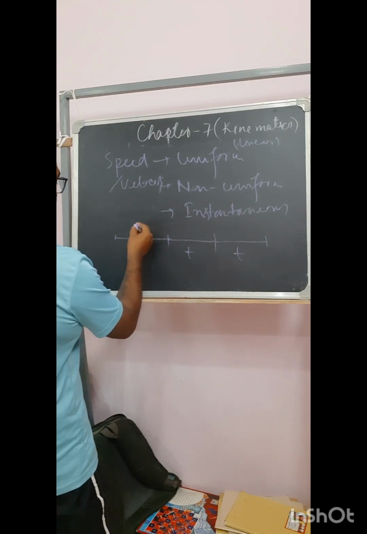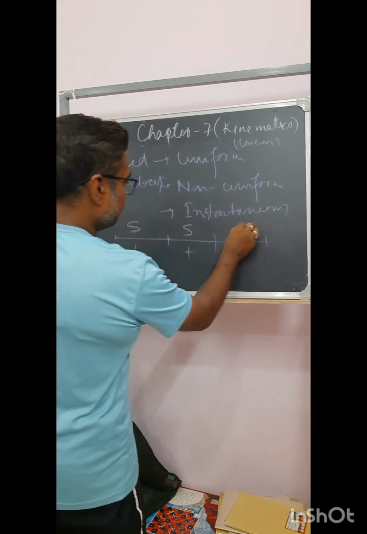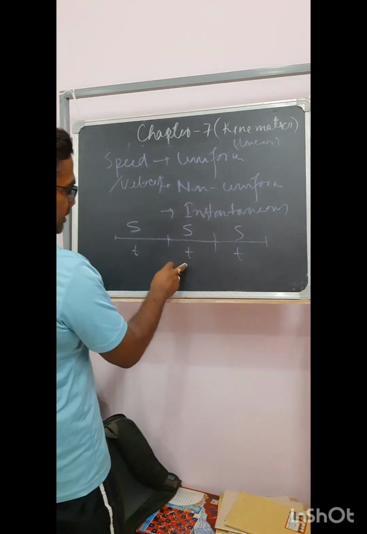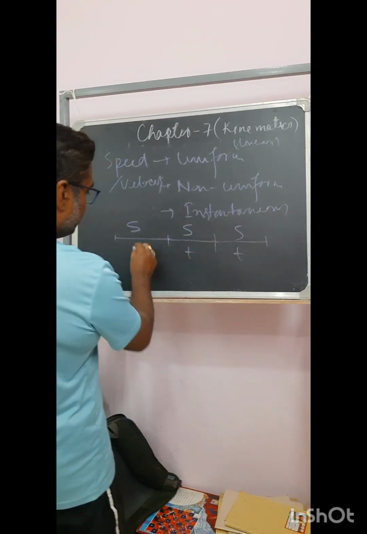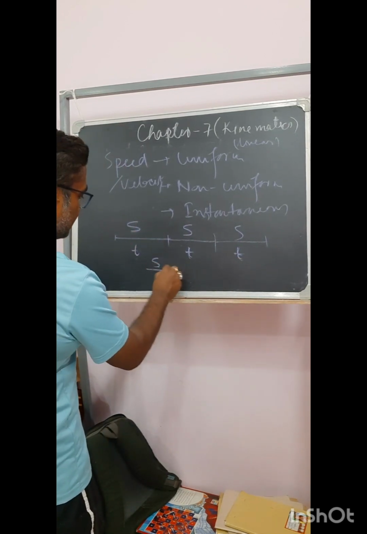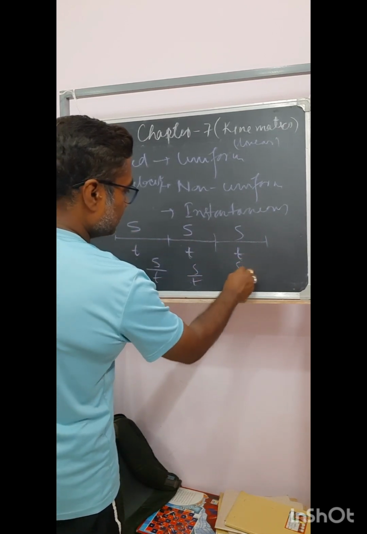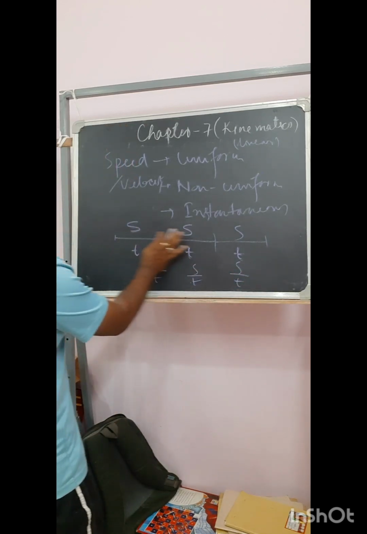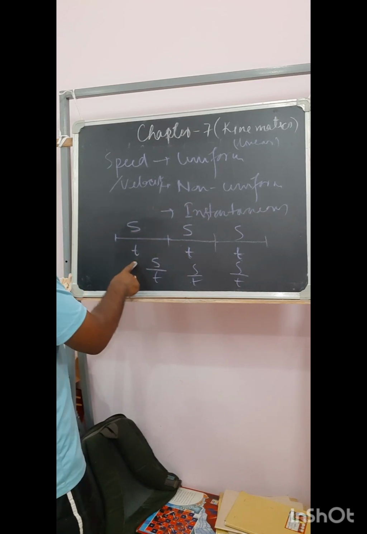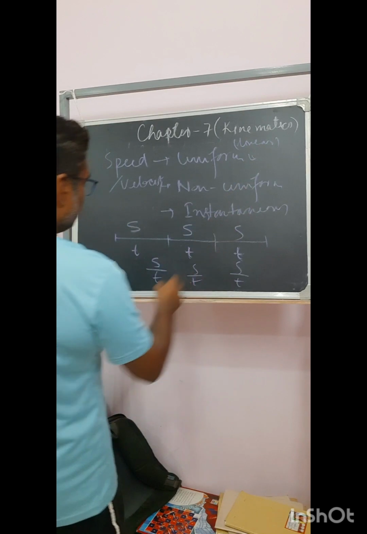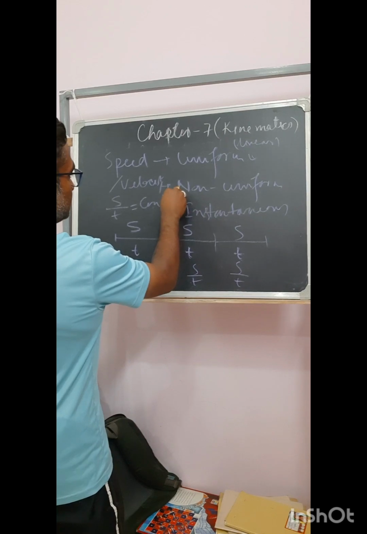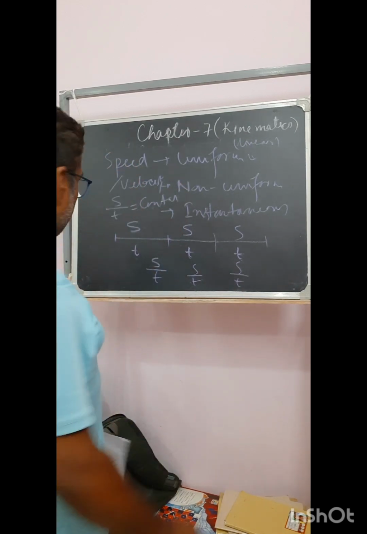If the distance covered by the object is the same, that means for time T it covers S in the first segment, S in the second, and S in the third, with T kept the same, then the velocity is S by T in the first case, S by T in the second, and S by T in the third. That is uniformity: equal distance traversed in equal time. So that is called uniform. When S against time is constant, the speed will be uniform.